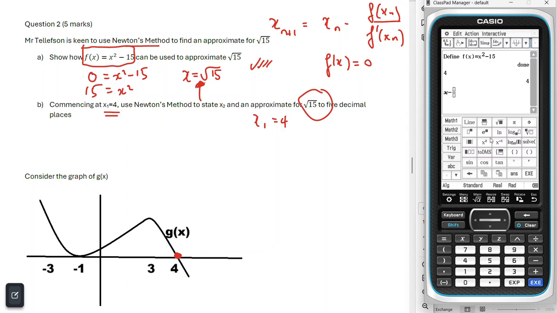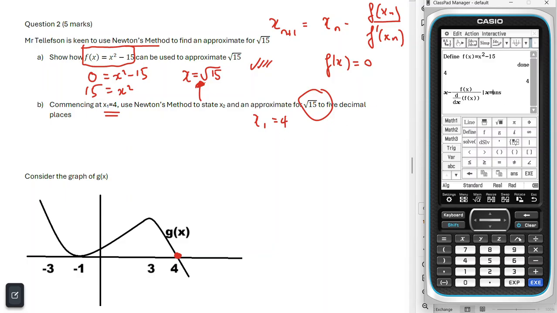On the top I'll have f of x, so I'll copy f of x and paste, and down the bottom I'll paste and take the derivative with respect to x. I'm going to make my answer for x my last answer. So x is going to equal the last answer.